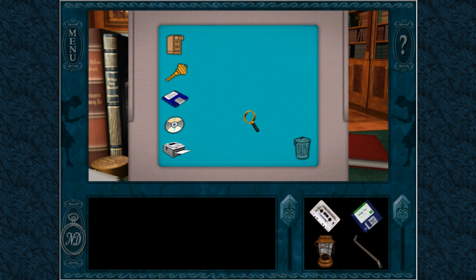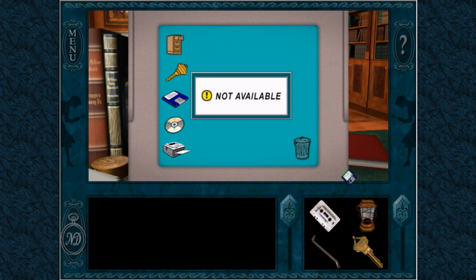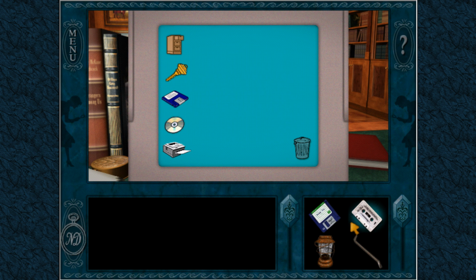We have a disc here. Can we do something with this disc? Can we put this in here? Can we do something with it? Because we need to look and see.